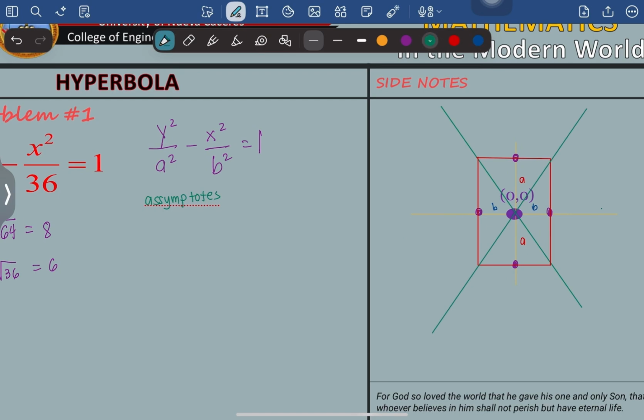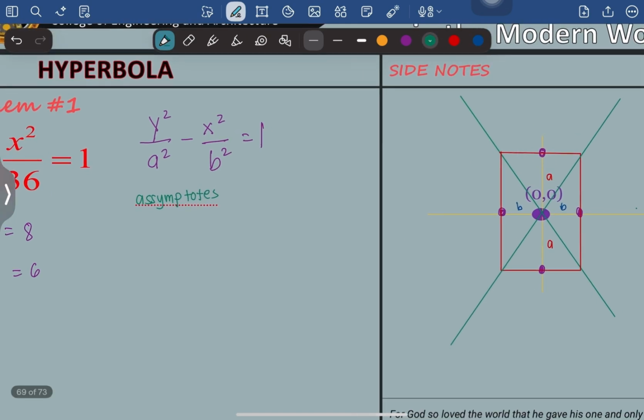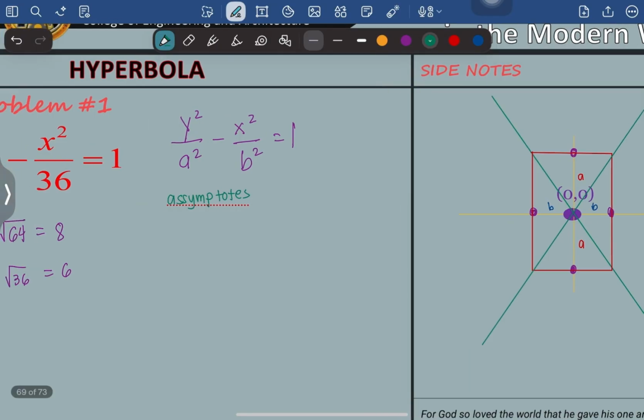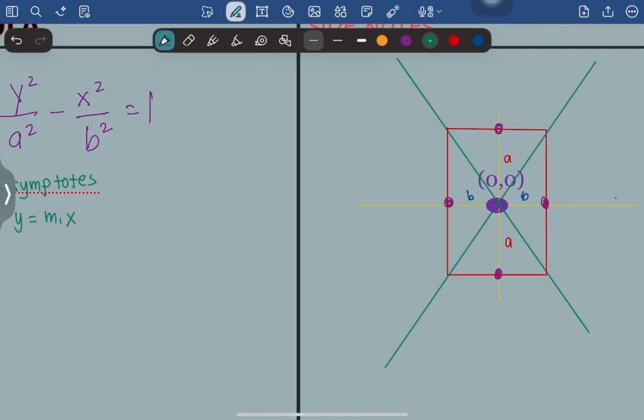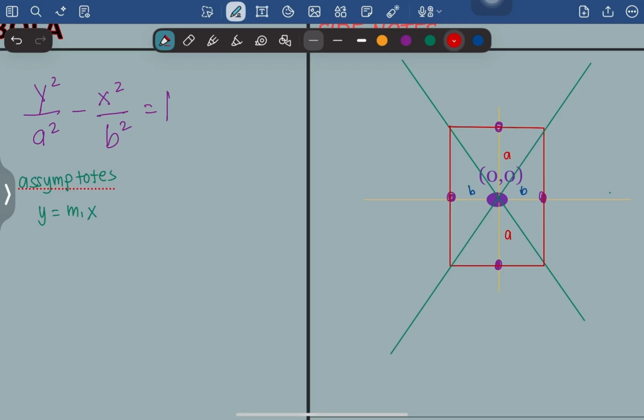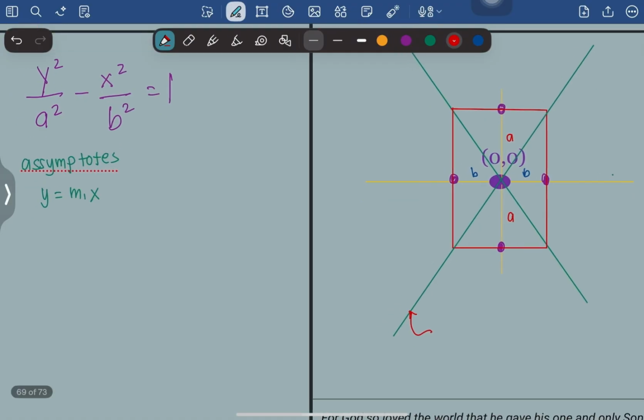So what is the equation of the asymptote? Since it passes through the center, very direct lang yung equation. So, y equals m1x. So m1 natin, so this is the asymptote where the slope is going from left to right upward, so magiging positive.